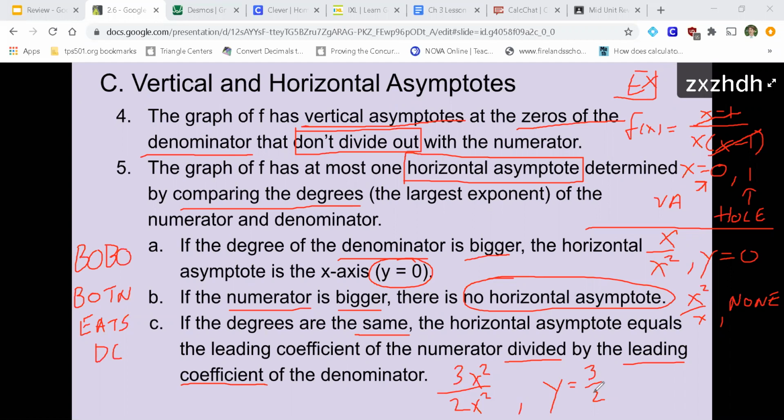Here's how I like to remember it though: it's a race, okay? Think about who's the first one that's going to get to 1,000,000. The denominator, if it has a higher exponent, 1,000,000 squared is so much larger than 1,000,000. The number of zeros just incredibly outpaces it.